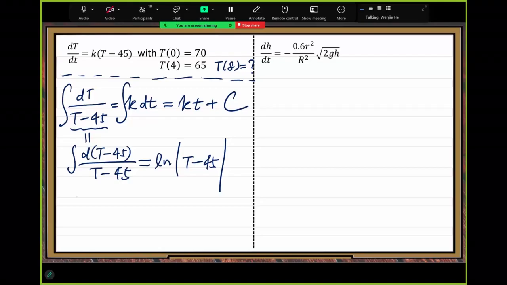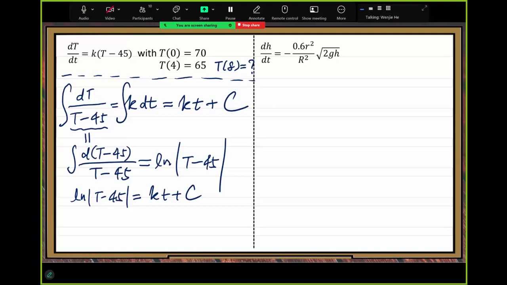So then we can write natural log of absolute value of capital T minus 45 equals kt plus c. Now the question: we want to get rid of the absolute value. Can you say capital T is greater than 45 or less than 45?